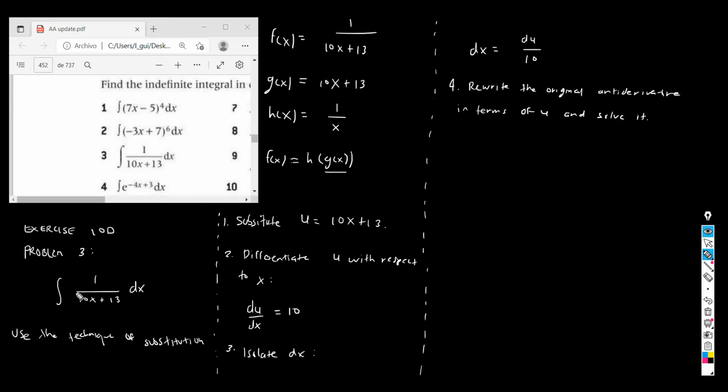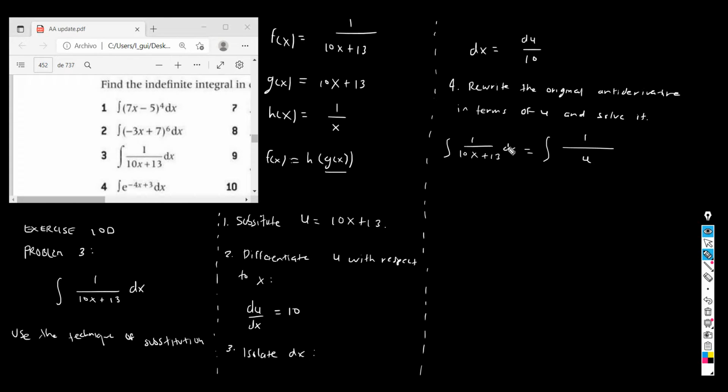What that means is this, guys. So this is the thing that you want to solve in this problem, clearly. So let me write it down once again. 1 over 10x plus 13 dx. But once we have made this substitution, then this antiderivative can be written as 1 over this, which is the same as u, right?